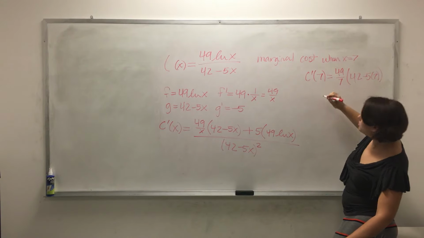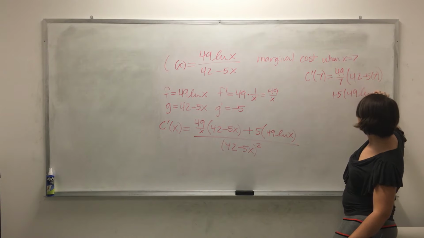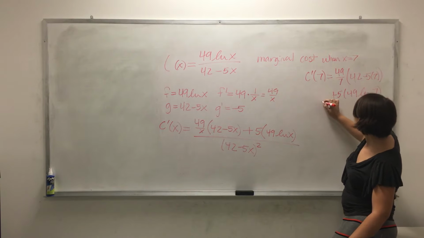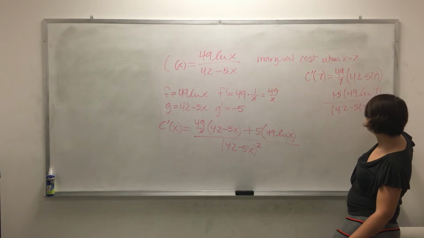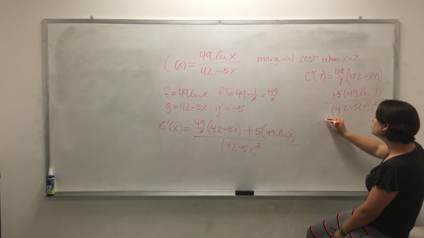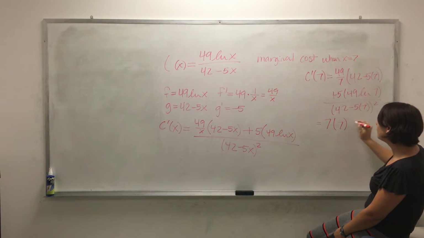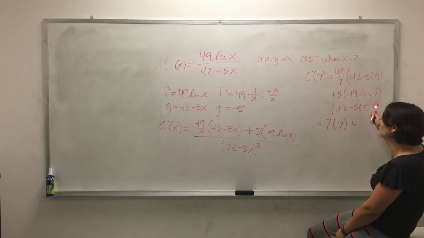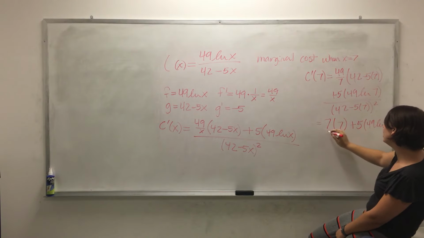I totally did not leave myself enough room, so then plus 5, 49 ln of 7 divided by 42 minus 5 times 7 squared. Okay, so 49 divided by 7 is 7. 5 times 7 is 35. 42 minus 35 is 7. Plus, now this one we're just going to leave alone. Leave it as 5 times 49 ln of 7. You'll see why in just a minute.